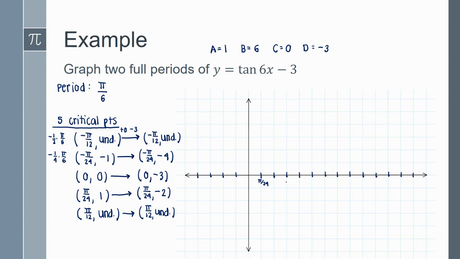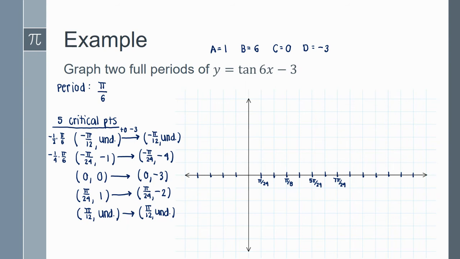The next one would be 3 over 24. So that's actually going to simplify down to pi over 8. 4, then we've got 5 pi over 24. 6. Then we have 7 pi over 24. 8. And then 9 pi over 24.